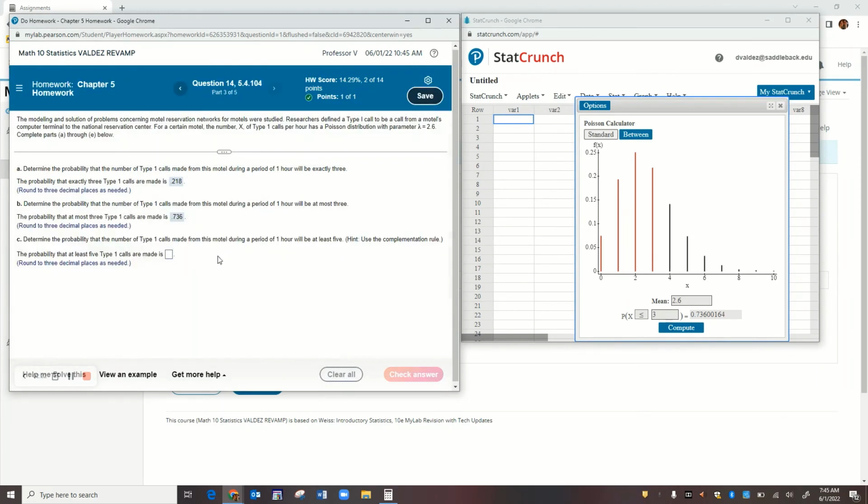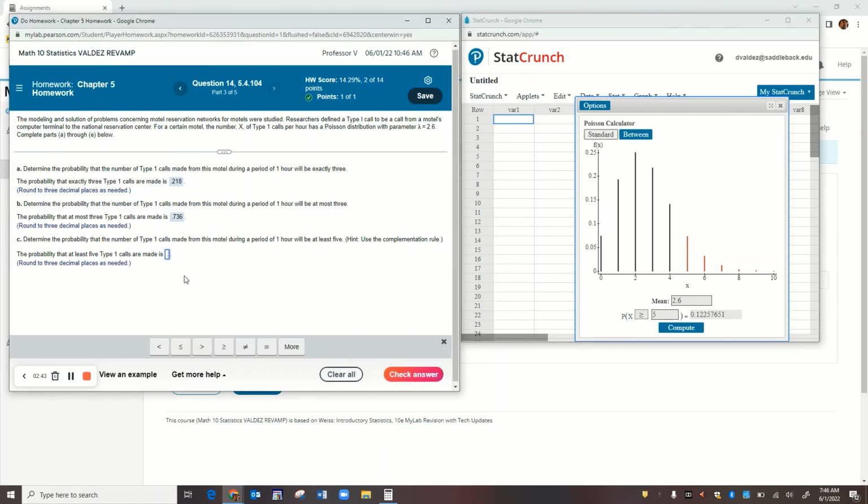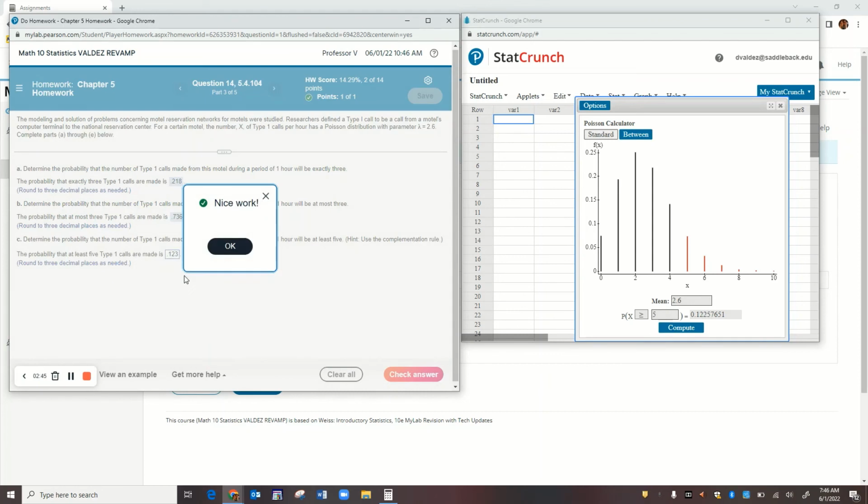Determine the probability that the number of type 1 calls made from this motel during a period of 1 hour will be at least 5. So at least 5 means 5 or more, so that would be greater than or equal to 5. 0.1225, I'm going to round that to 0.123.